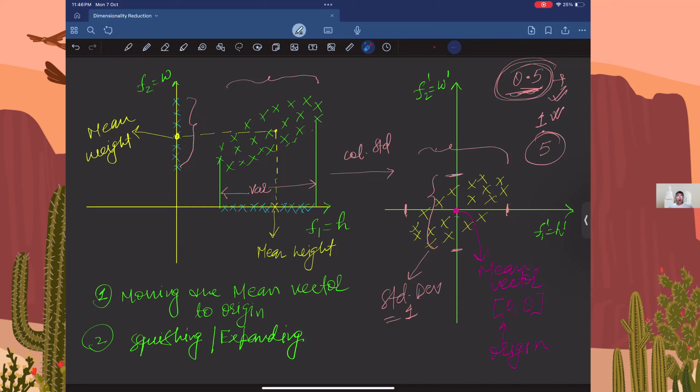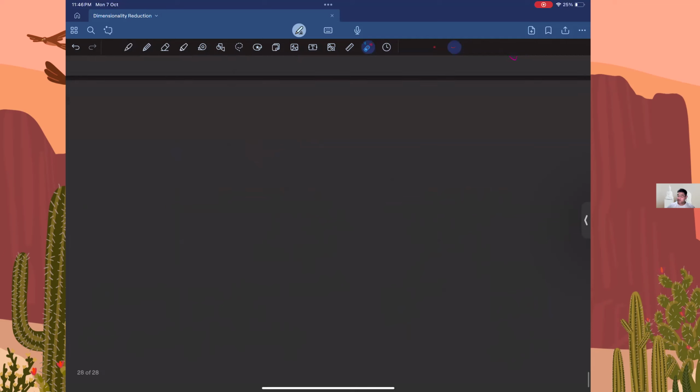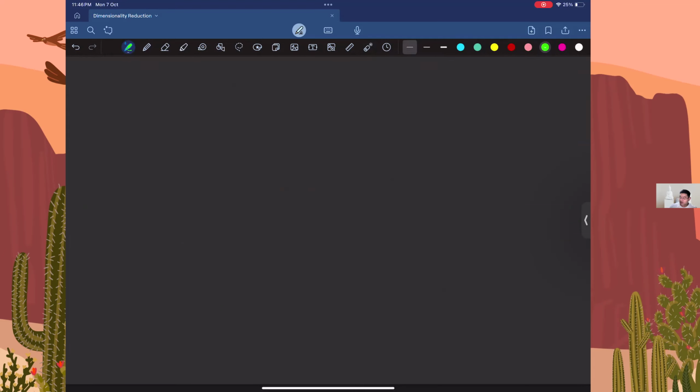Now, this is also called mean centering. So what is this mean centering? Let me explain. Column standardization is basically mean centering, that is, making the mean lie at the origin, plus scaling.